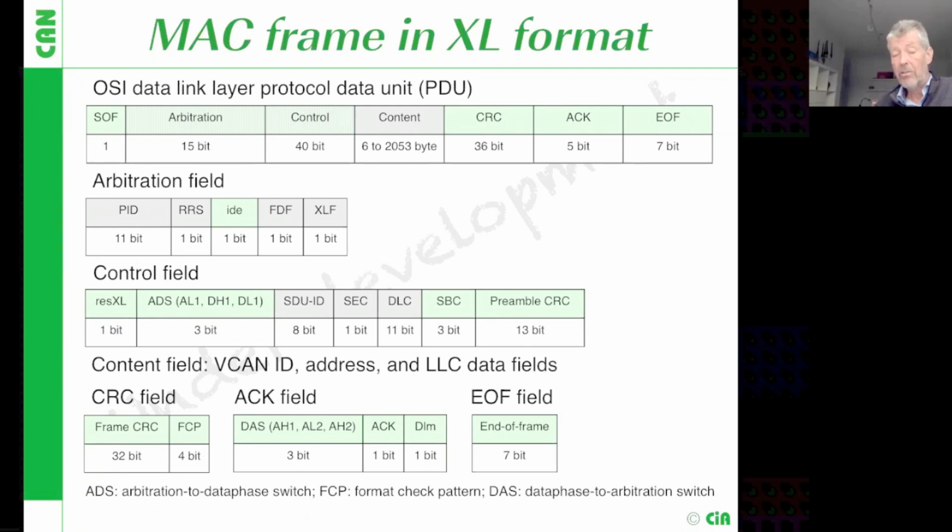Then we have the acknowledge slot as known and the delimiter bit. And last but not least, we have the end of frame field, which is well known from all the other protocol variants of CAN.